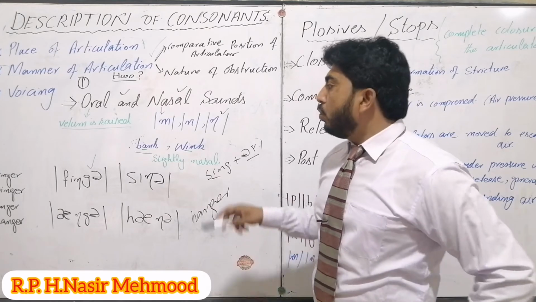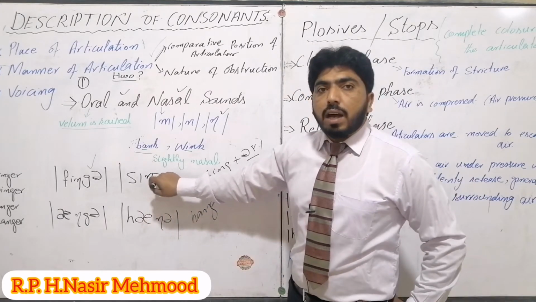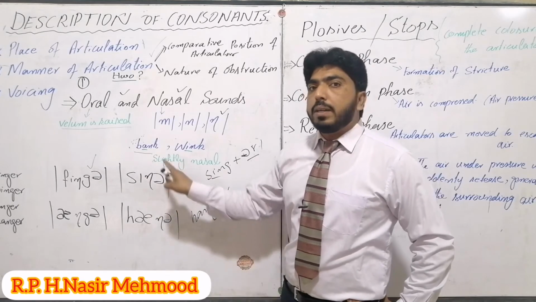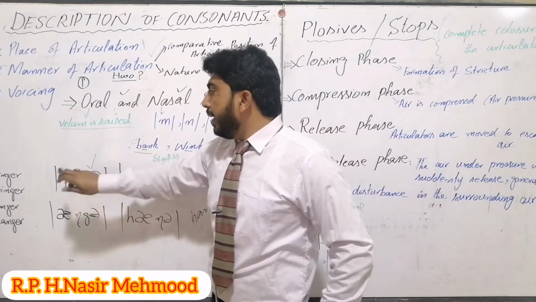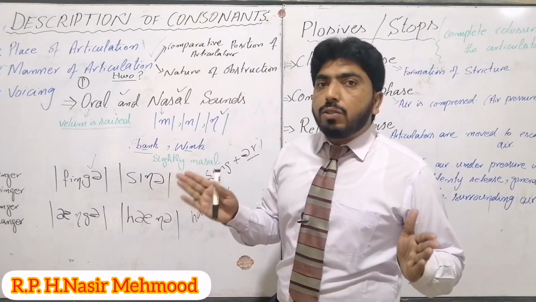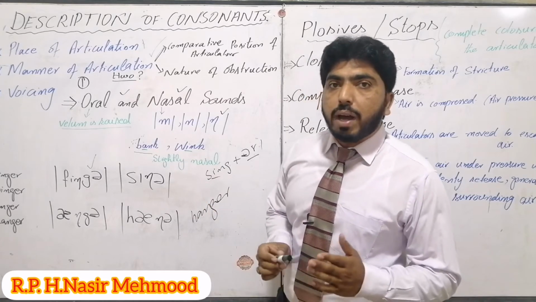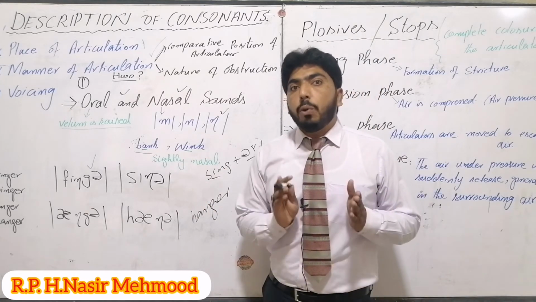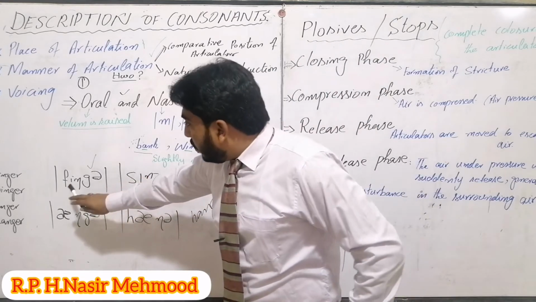So if there are two morphemes, as you see in the case of singer, the n sound is not followed by a g sound, and if there is a single morpheme, as in the case of finger, it cannot be divided into two morphemes. A morpheme is the smallest meaningful unit of a word, and some morphemes are bound and some are not bound.